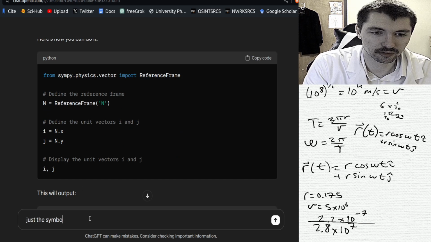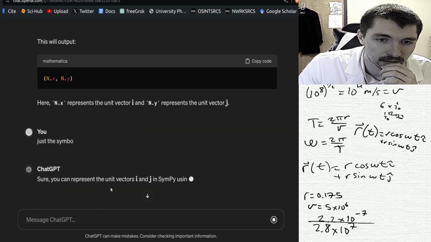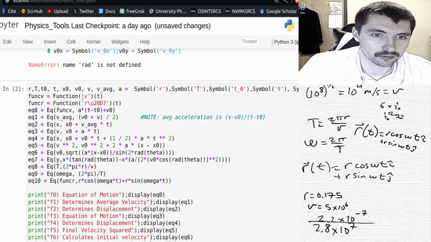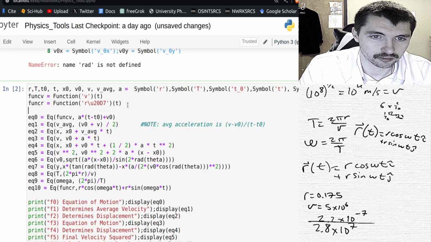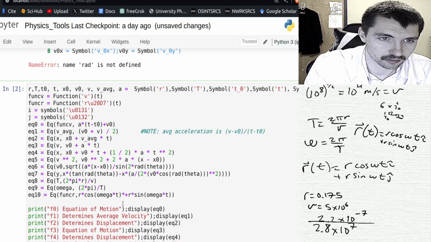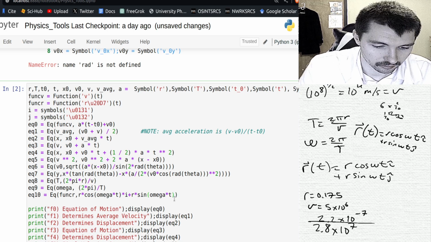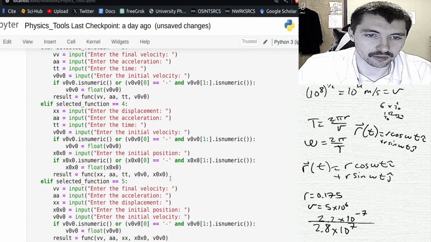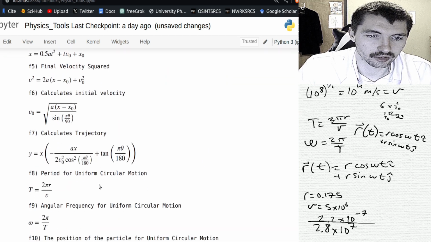Just the symbol. Okay, let's see if we can try this again.